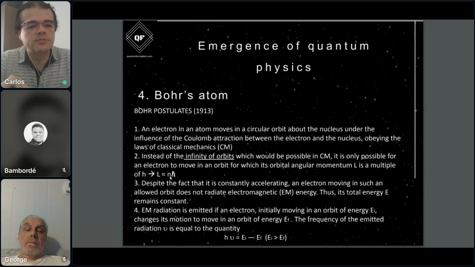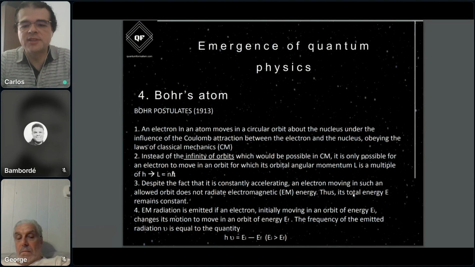And the other thing is, despite the fact that it's constantly accelerated, an electron moving in such an allowed orbit does not radiate electromagnetic energy like the classical theory said. He just postulates this, like a rule that he decides. And thus its total energy remains constant.